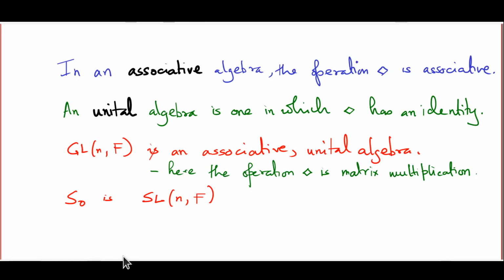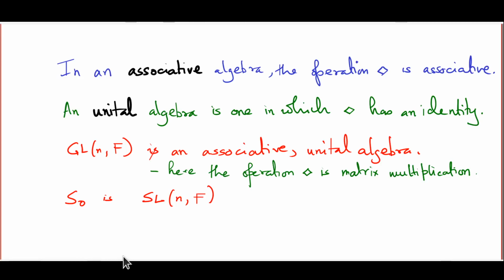On the other hand, if the algebra is such that this multiplication operation between vectors has an identity, some special vector in your set, multiplication by which always gives you the other element back, then you say that the algebra is unital. So we could have associative algebras, we could have unital algebras, we could of course have algebras which are both.